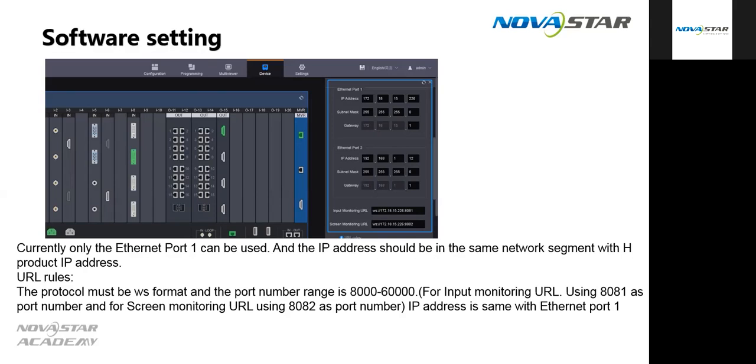When you open this interface, the URL is already filled in, and all you need to do is copy the Ethernet port 1 IP address to the URL blank. We always use 8081 as the port number, and for the screen monitor URL the port number is 8082. So it's fixed.